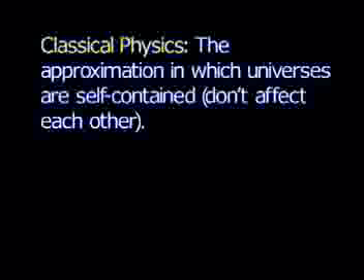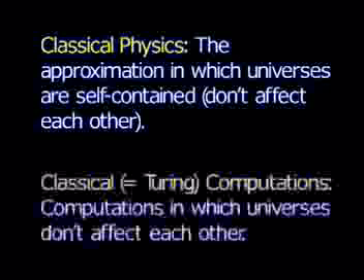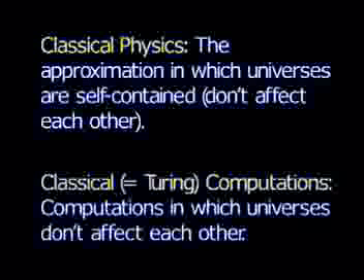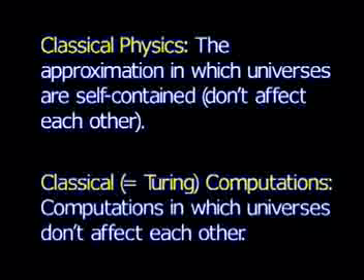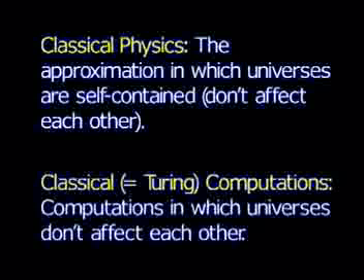This approximation is called classical physics, pre-quantum physics. And in computation theory, it's called classical computation. That is to say, Turing-type computation. As we'll see, Turing's theory is a complete model for computations that happen within individual universes. The quantum theory of computation is the full theory, which has the multiverse as its arena.